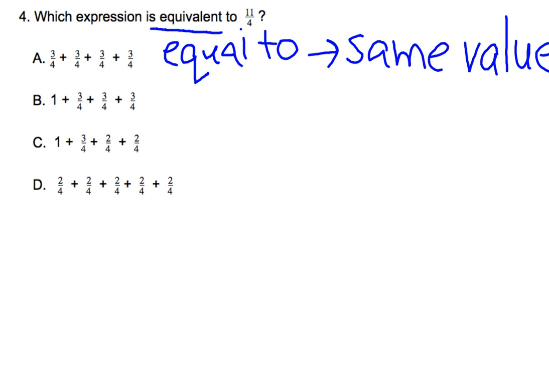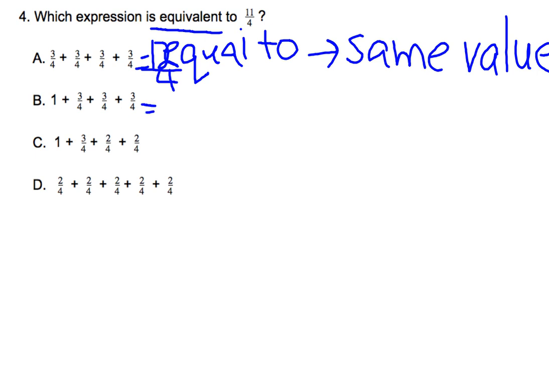So one strategy we could do is go to all the choices and determine what their values are. So for A, I'm going to turn this into an equation. 3/4 plus 3/4 plus 3/4 plus 3/4 is 3, 6, 9, 12. Is 12/4.